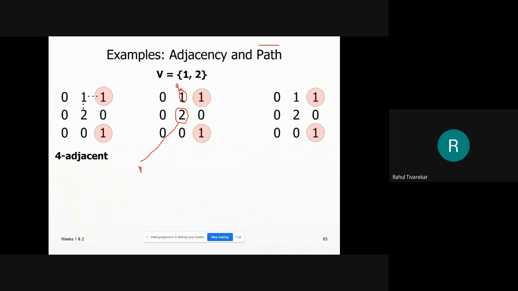If you are listening to me, you should reply. Otherwise, just leave the meet. If you are a silent listener and not a learner, just leave the meet. Reply quickly whether P and Q are 8 adjacent.